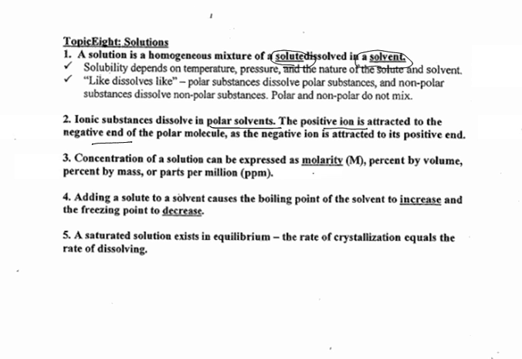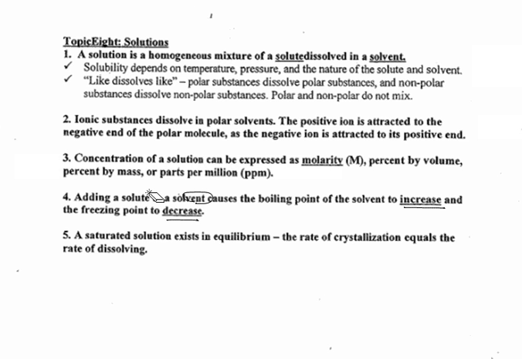Concentration can be expressed as molarity, which we have to be able to do, percent by mass, and parts per million. All of these equations are on the back of the reference table. If we add a solute to a solvent, the boiling point will increase and the freezing point will decrease.